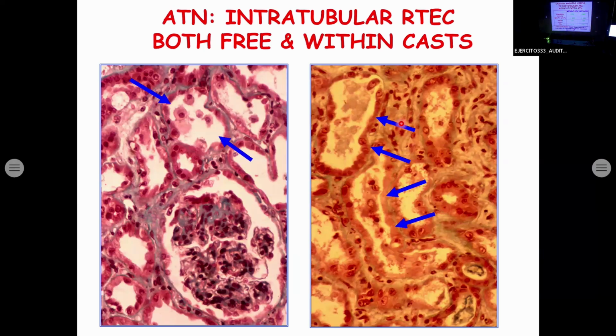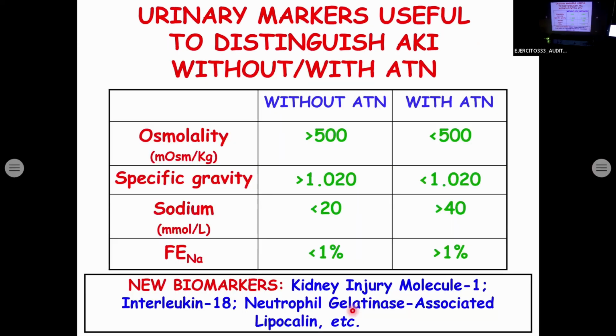At this point, it is important to know that we clinicians, nephrologists, know that there are traditional urinary markers useful to distinguish acute kidney injury with or without acute tubular necrosis. Very simple parameters: osmolality, higher than 500 without acute tubular necrosis. With acute tubular necrosis, less than 500.